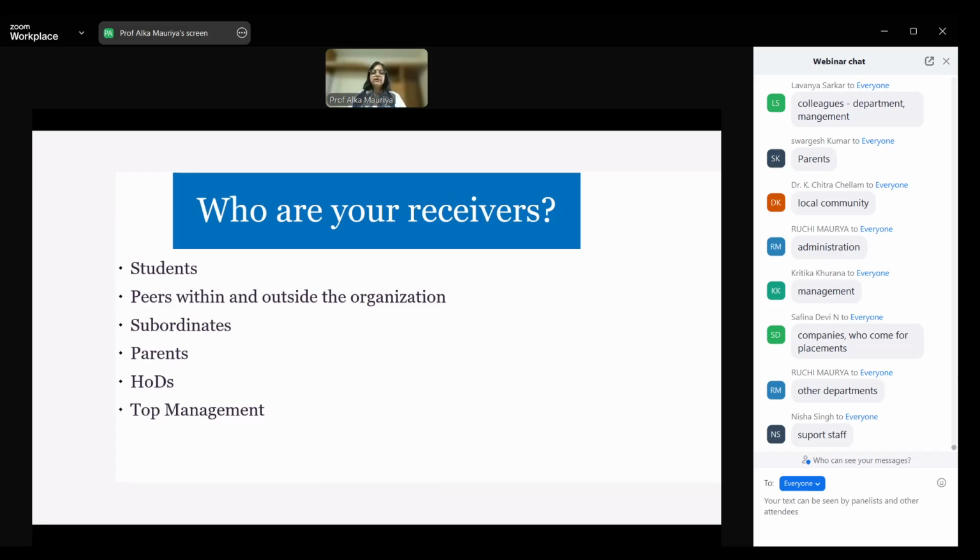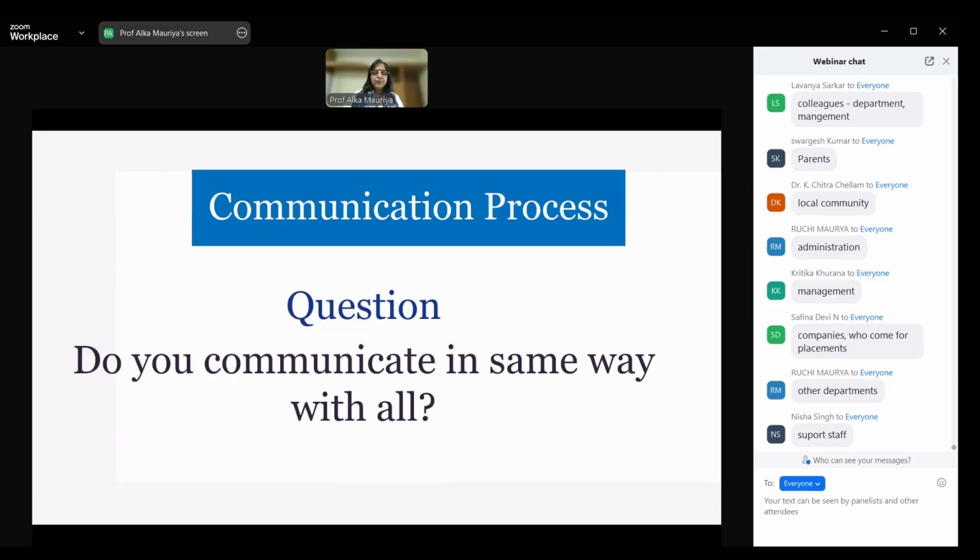As an educator, when we are planning to participate in a research conference, or conduct a training session, or do consultancy for companies, we also communicate with a lot of external stakeholders. Apart from that, we communicate with our subordinates, with the parents, with the HODs, and the top management. The next question now is, do we communicate the same way with all of them?